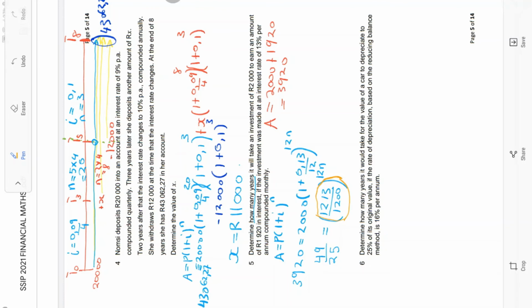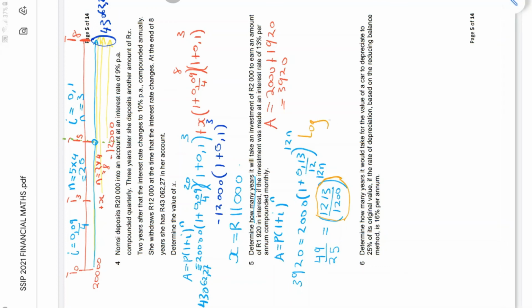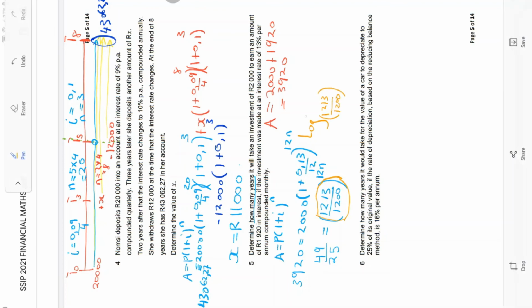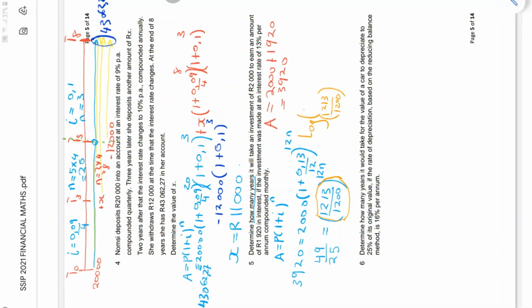And once we do that, we shall end up with log to the base of 1213 over 1200 of 49 over 25, and this should equal 12n.